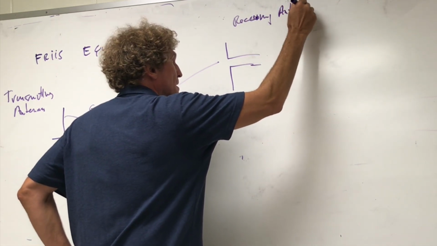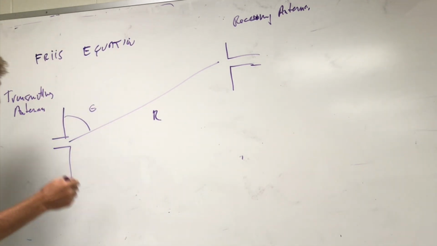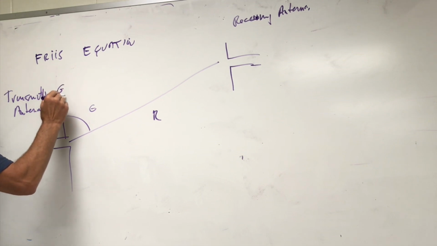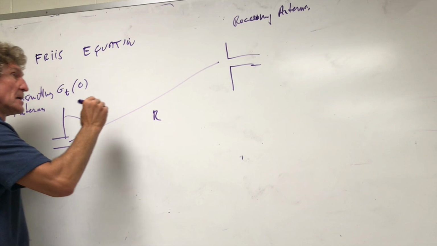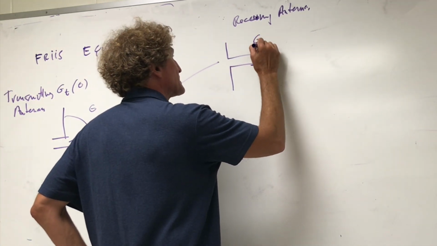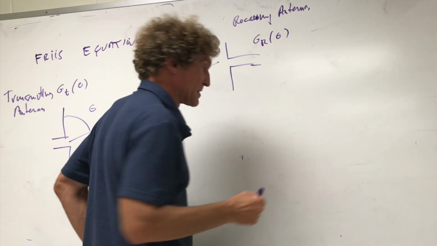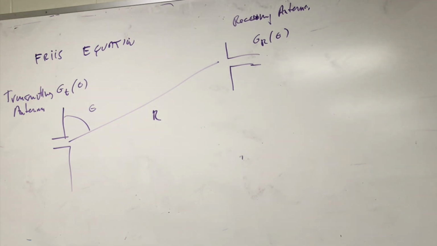This transmitting antenna has a gain of the transmitter, which will be a function of theta for this one. The receiving antenna has a gain of the receiving antenna as a function of angle. Y'all with me? Now here's the game.